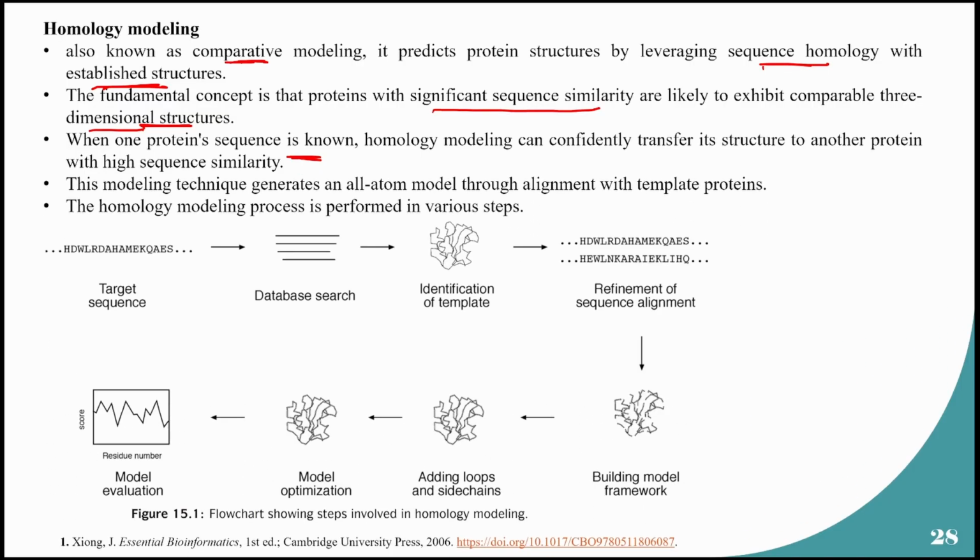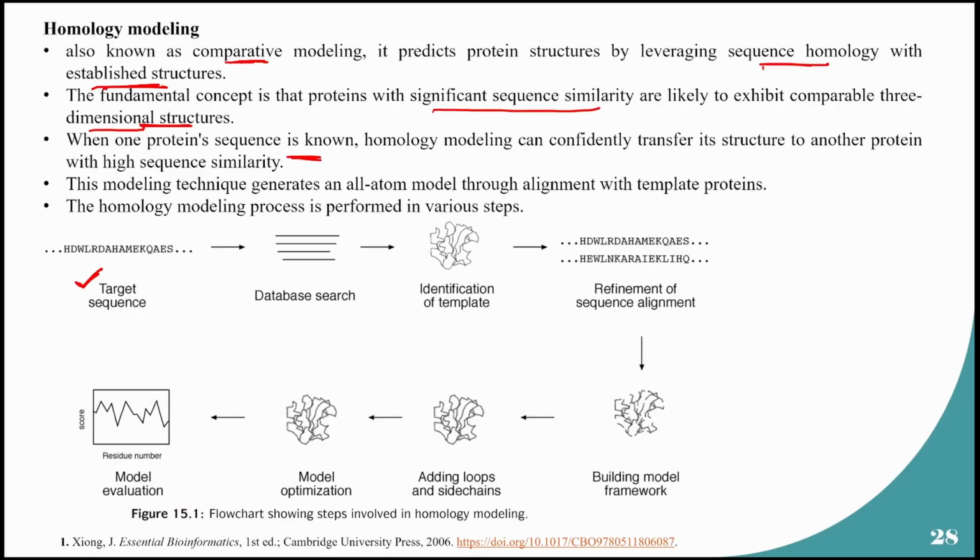And basically, the entire process, first comes target sequence selection, of course. That's quite important because you have a target sequence that you are trying to predict the structure for. And then you have to carefully select a template from which you will build the structure, right?